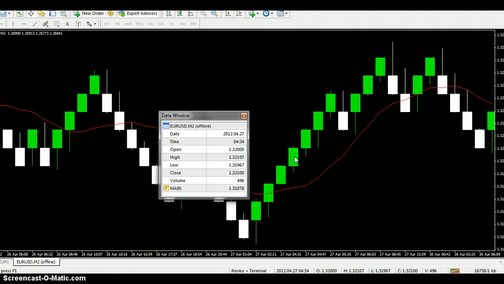The next candle happens. Now the range of this particular candle is 3200 to 3210. However, the moving average is at 3187. Assuming the range of the moving average is now 3180 to 3190, the market has moved almost 13 to 14 points ahead of the moving average.